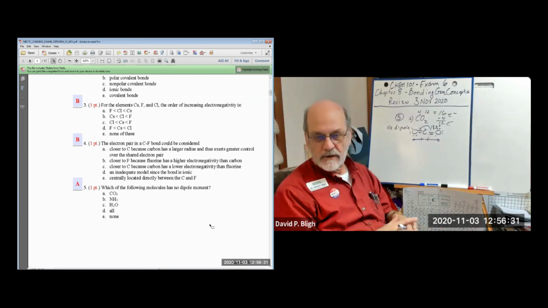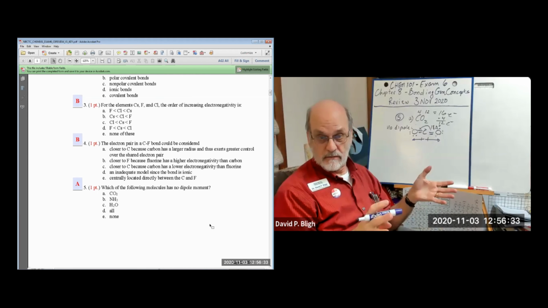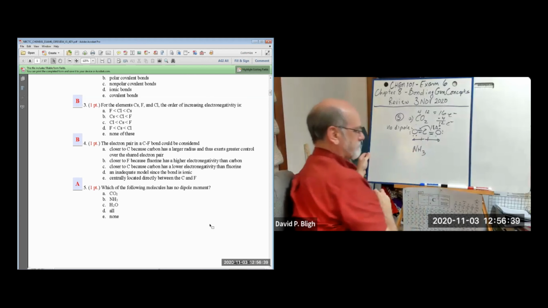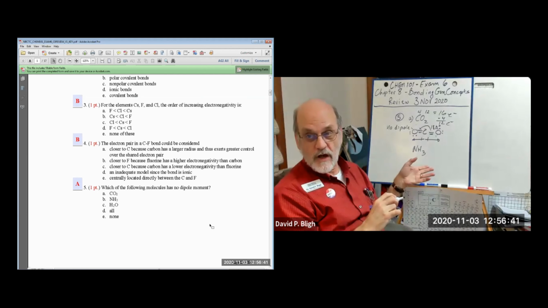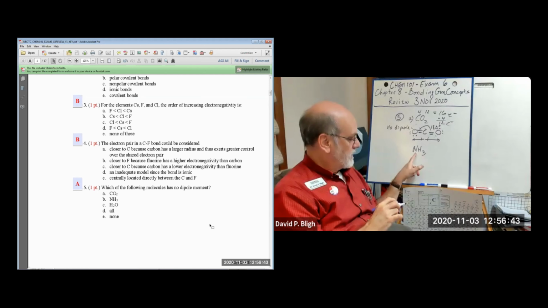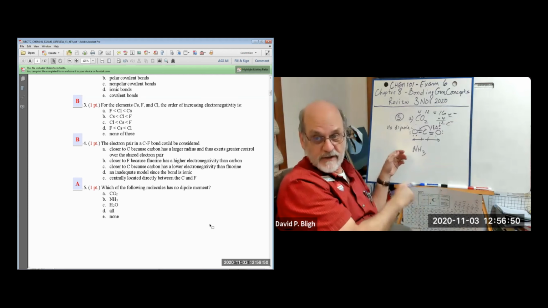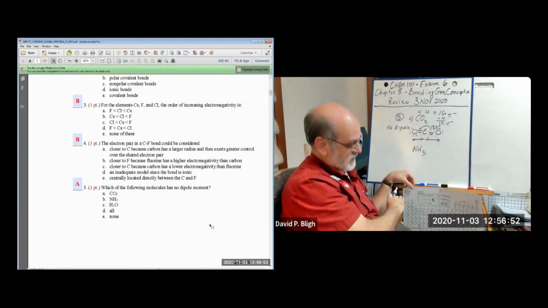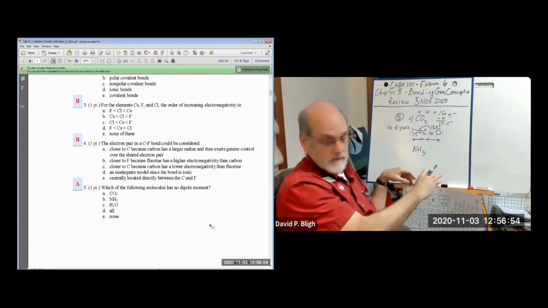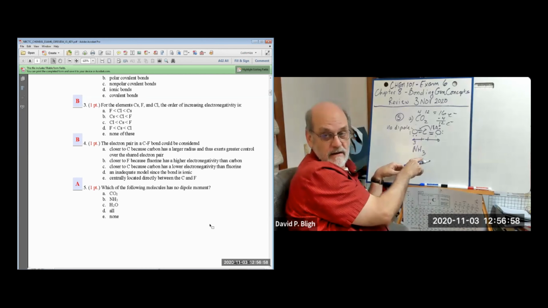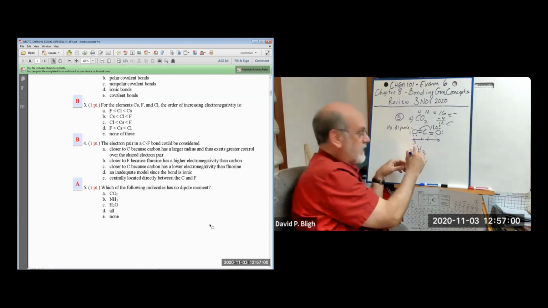But while we're here, let's look at the others, right? How about ammonia? Okay, let's draw the Lewis dot structure for ammonia. Nitrogen has 5 valence electrons because it's 5 steps over from the left in its period. Then we have 3 extra ones from hydrogen, 1 each.